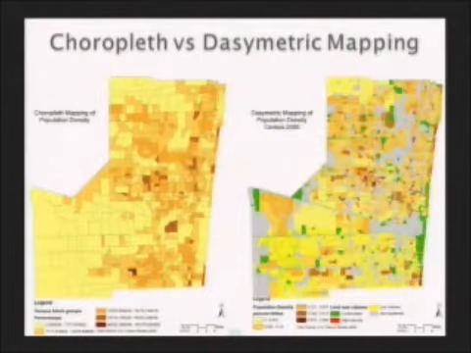The problem is that when you do population density or employment density, if you put the land use data beneath the choropleth maps, you see that you have airports, roads, and strip malls, and people do not live there.